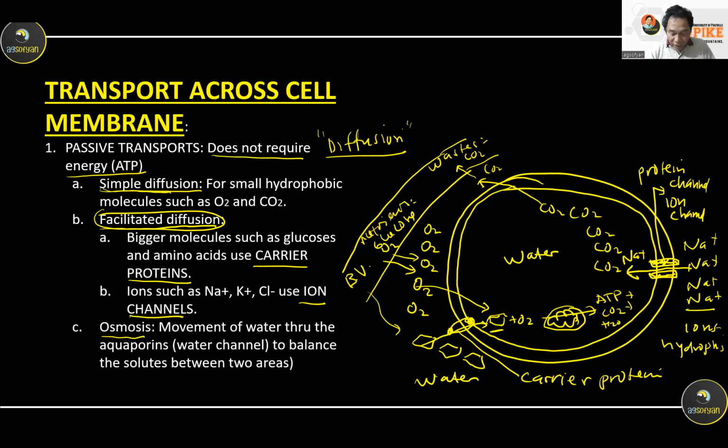For example, if we have too much sodium chloride outside over here, the water will move out in order to dissolve it, to make it balanced. So a lot of water will go out because there is so much sodium chloride outside. This water movement usually uses a channel. This is what we call the water channel.